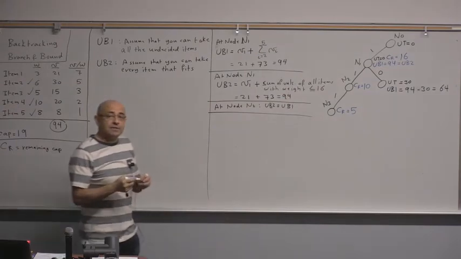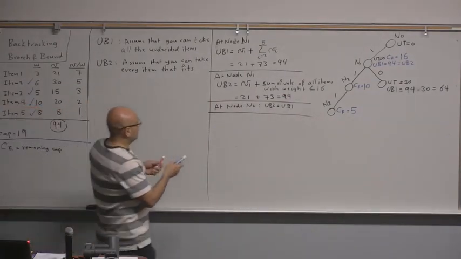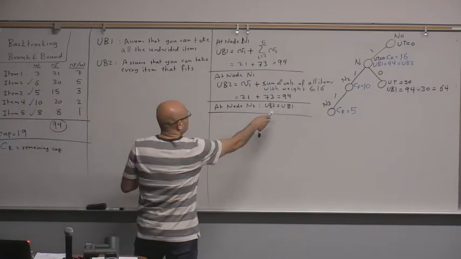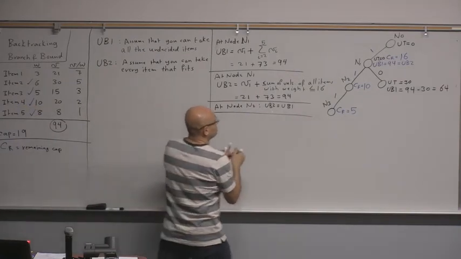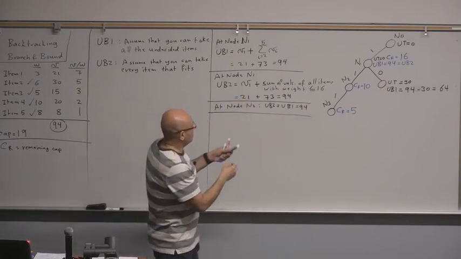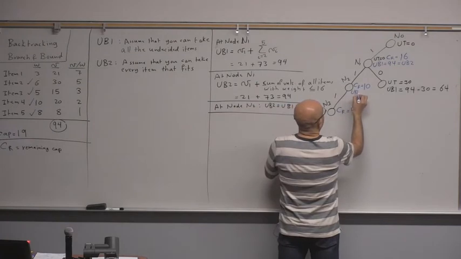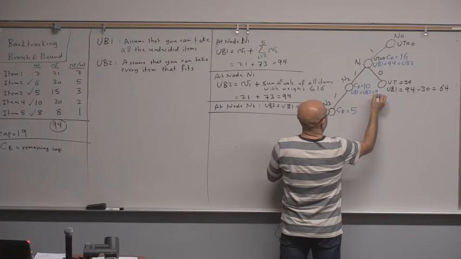Now we will see a difference between upper bound 1 and upper bound 2. In fact, here upper bound 1 equals upper bound 2. There will still be 94. So here, let's write it down. UB1 equals UB2 equals 94.